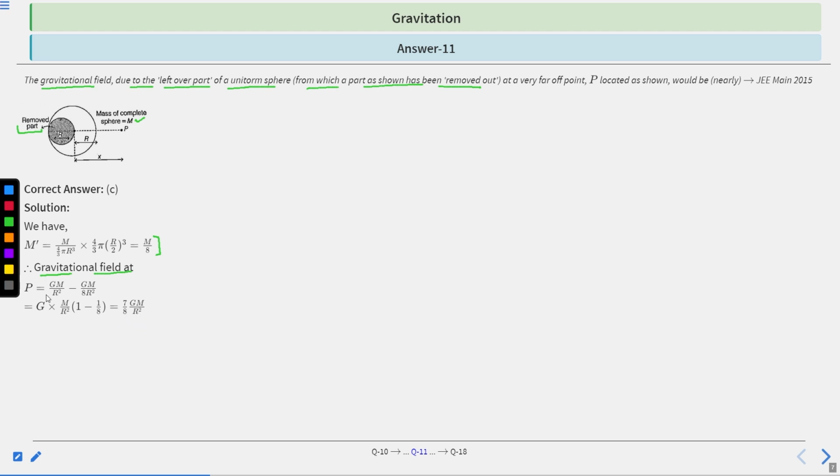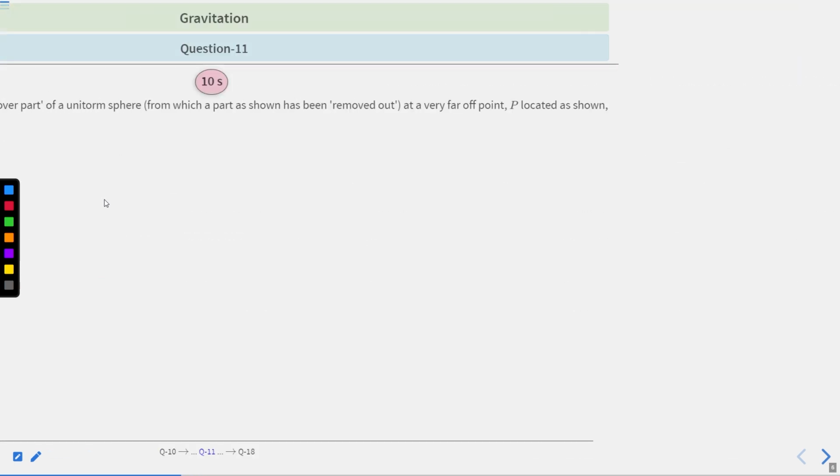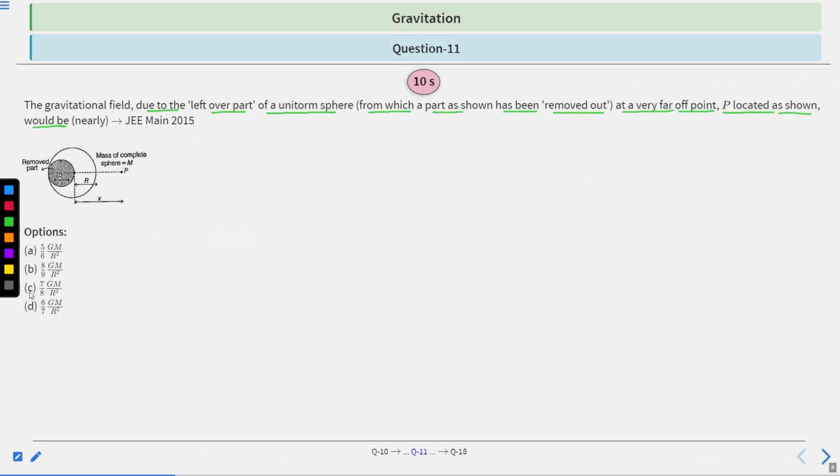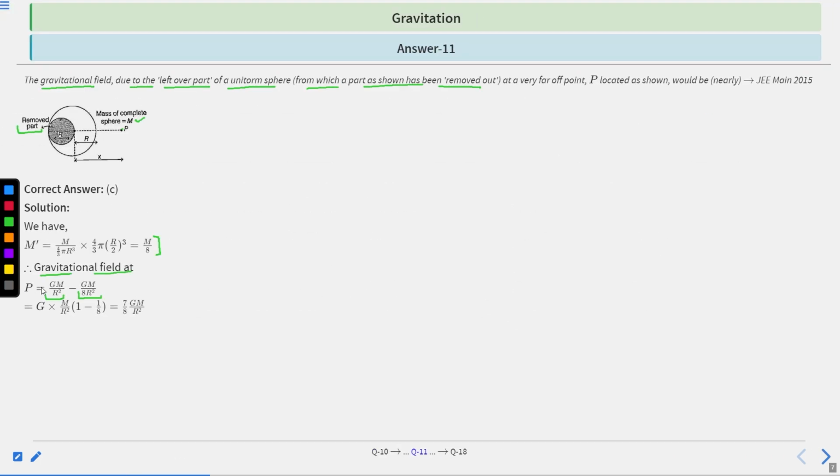So putting the value of r at point P equal to x in this formula, the correct answer is C. C is the correct answer. Clear? Next question, question 12.